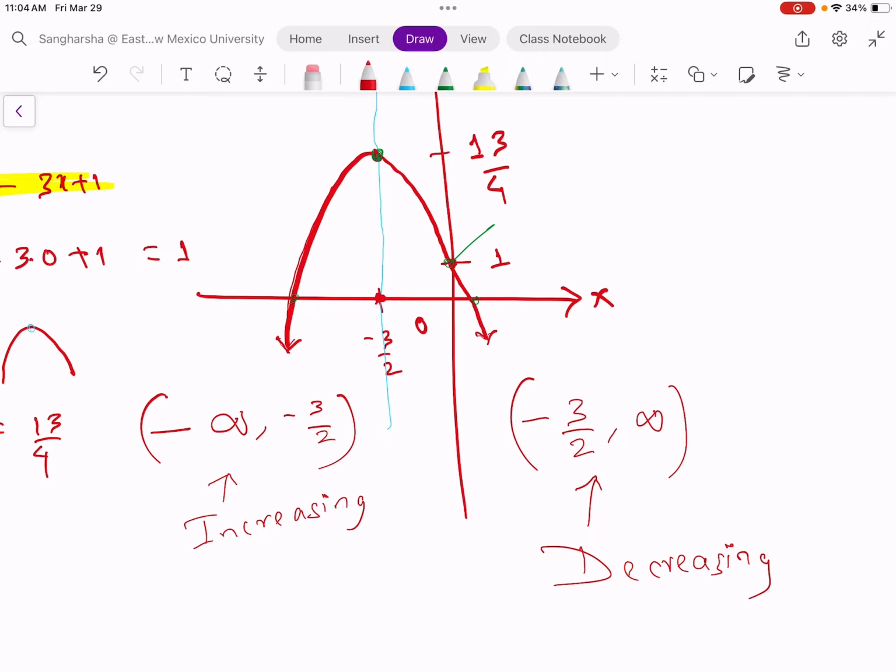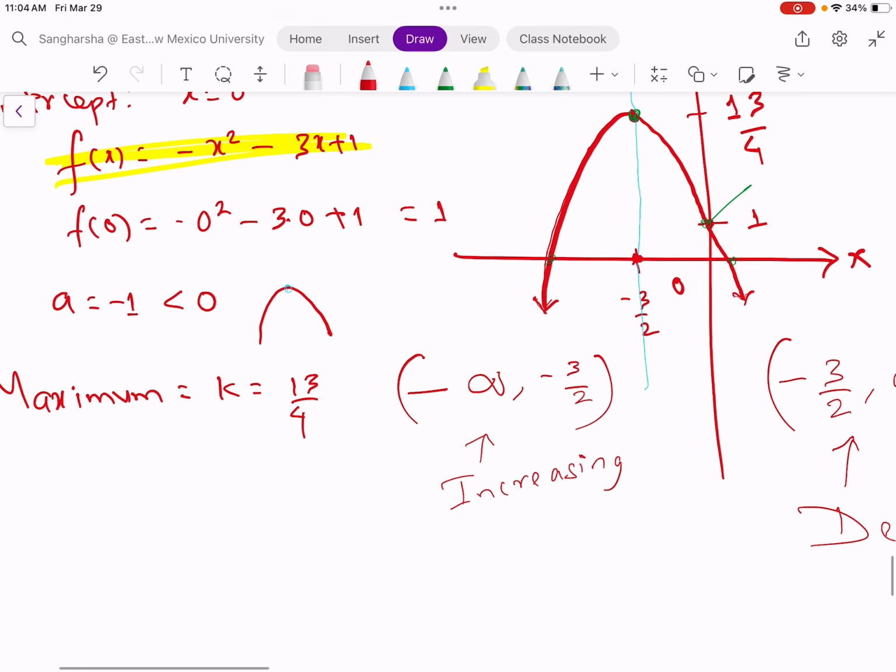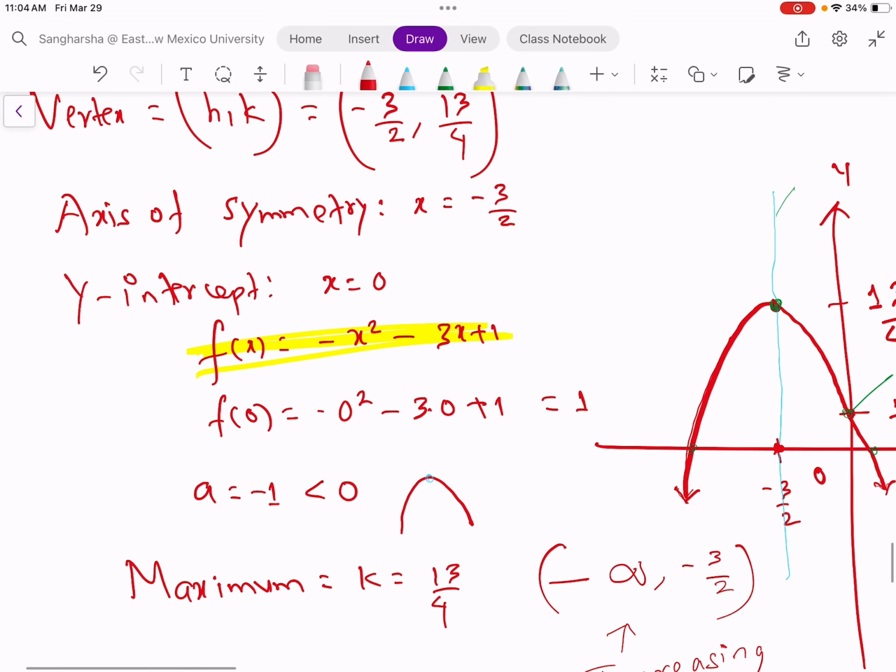Now the next type of problem from this section is a real life application. In that real life application, you will be asked to find the maximum value or minimum value, and finding the maximum or minimum value is the same as finding the vertex.